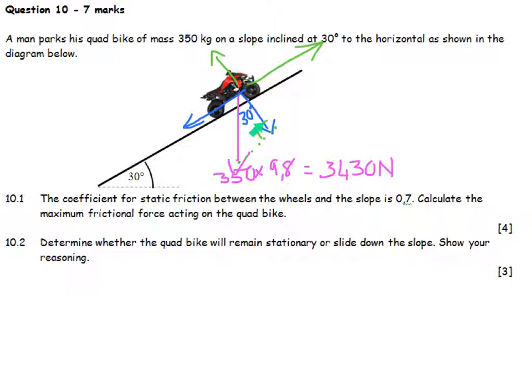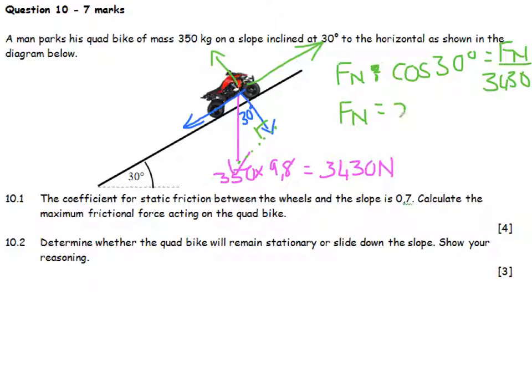Well, it will be a value that's equal to the normal, but this line over here, so that is adjacent. So I'm going to say cos 30 degrees is equal to adjacent over hypotenuse.